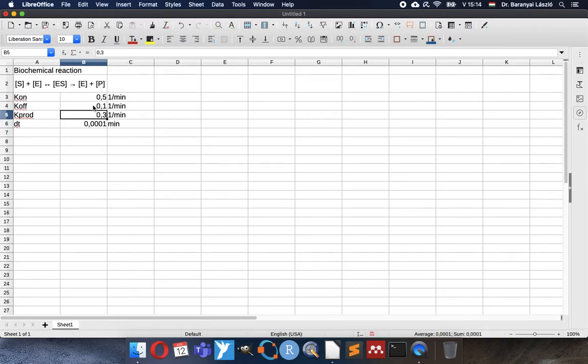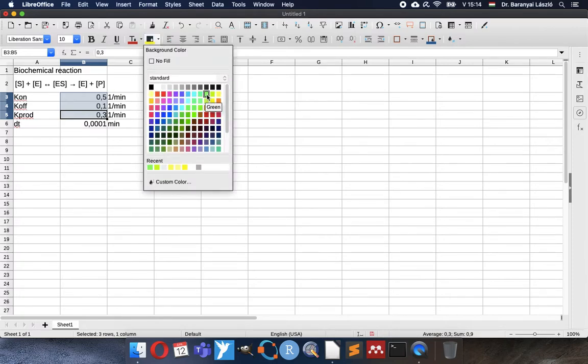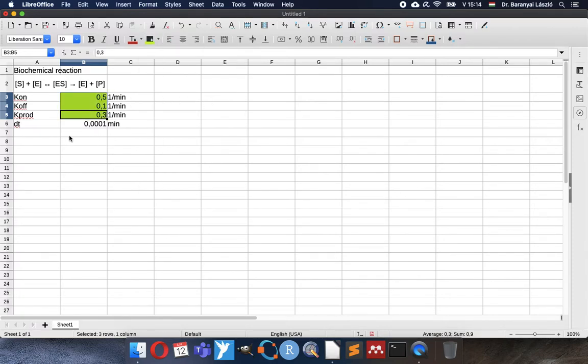So now everything is ready for the calculation, and here are highlighted the kinetic constants. These are describing the chemical reaction, and of course we can measure them, and then we can make simulation on our own reaction.